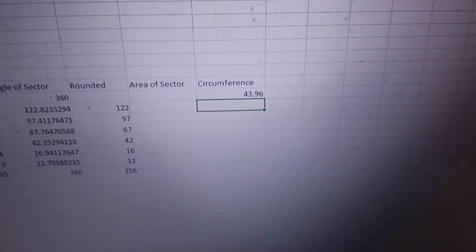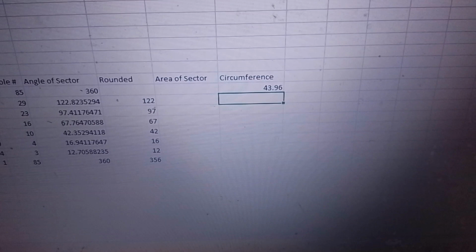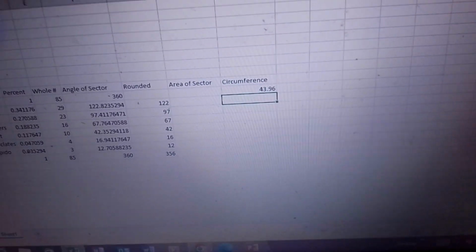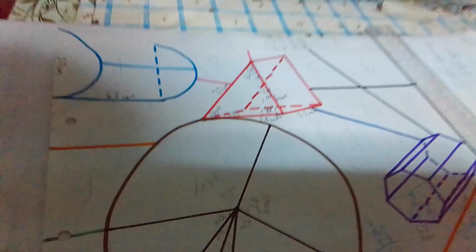And our answer is supposed to be 43.96. Now we need to get the arc of the circles. To get the arcs of the circles, it's very easy. Remember, we can do this formula in two ways. It's either the radian formula, radius times the angle that you want, theta.